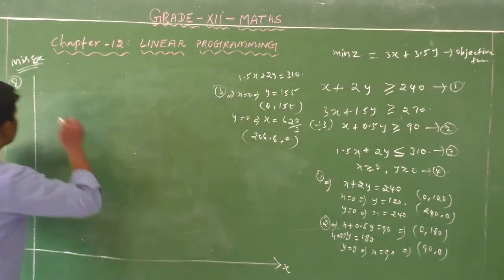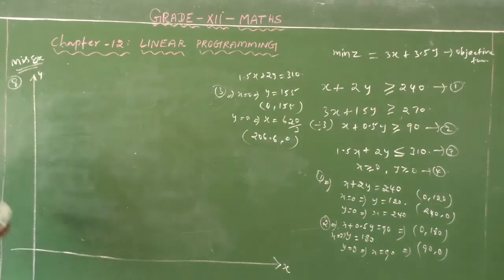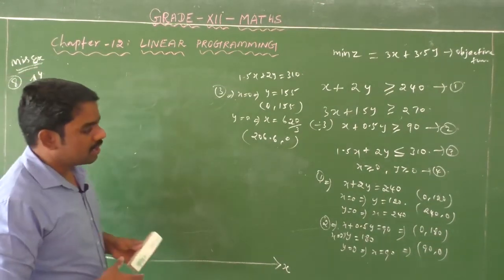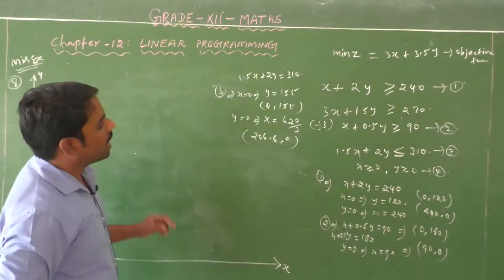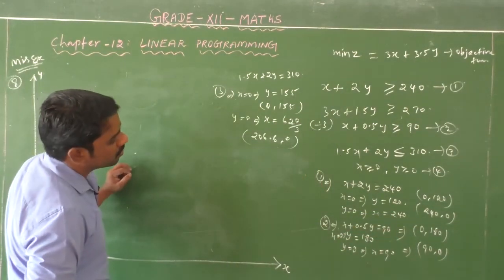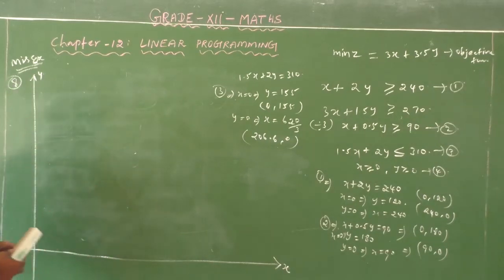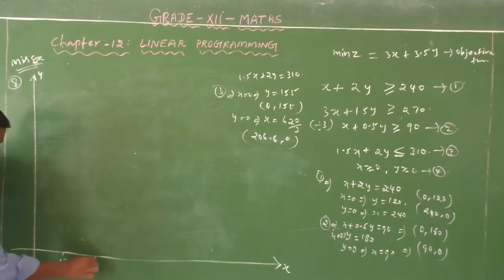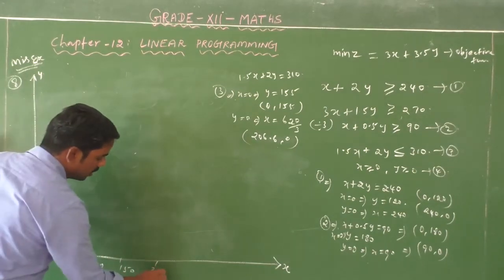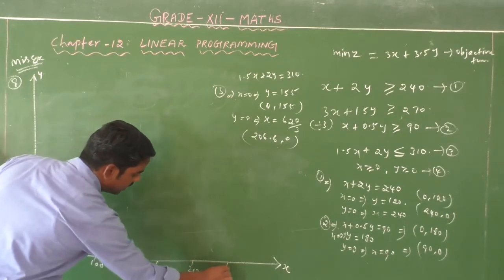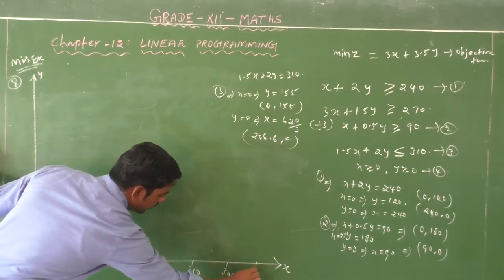Let us consider the x-axis highest value is 240 and the y-axis highest value is 180. Let us consider each unit as 50: 50, 100, 150, 200, 250, 300, 350.